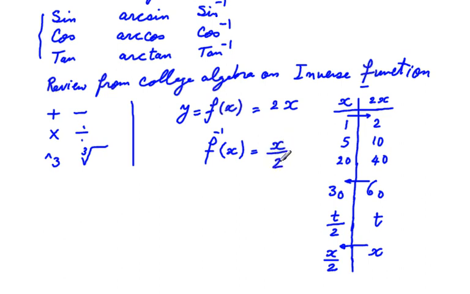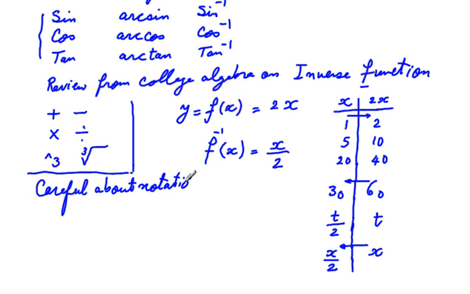Several things need to be paid attention to. A typical issue in mathematics is using the same notation to mean two different things and causing confusion by that. So you want to be careful about some of these problems. Careful about notation. In elementary algebra class, if a number a is given to you, then a to the power of -1 is a shorthand for what?